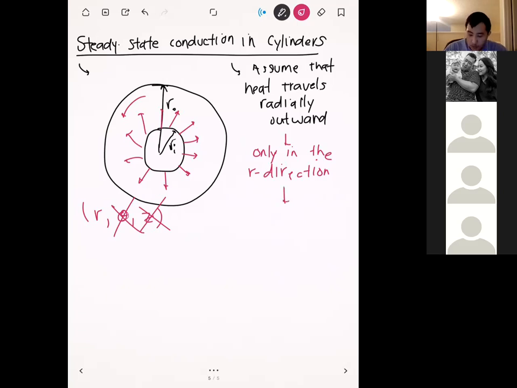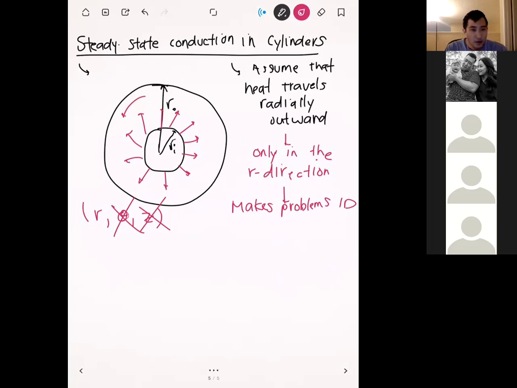Even though in cylinders you have heat going in every different Cartesian direction, when you put it in terms of cylindrical coordinates, this effectively makes our problems 1D.